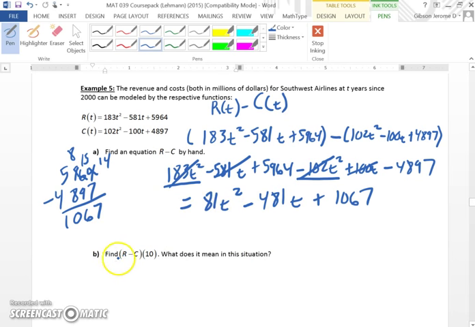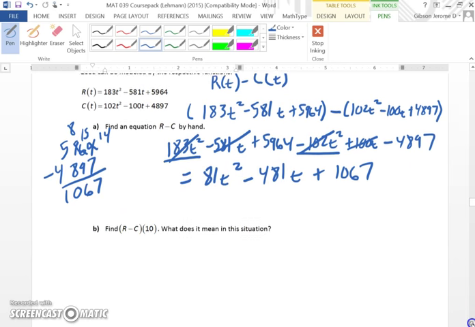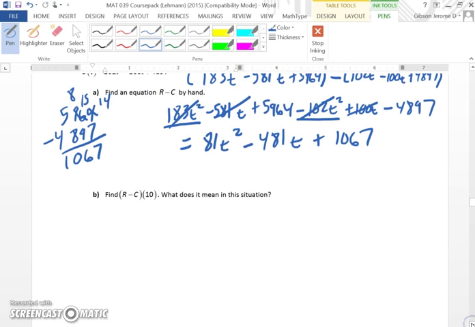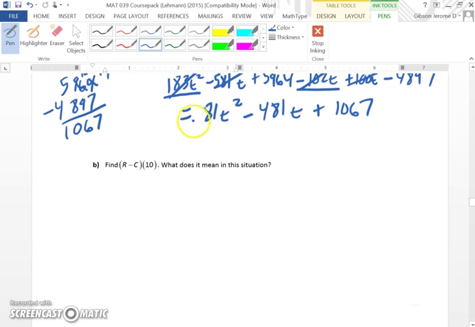Now, down here at the bottom with B, they want us to do this same equation, but this time they want us to substitute in 10. Now, we already found out what R minus C of t is, so we could take this formula here. We can do R of 10 minus C of 10, and we could just substitute it into this equation here.